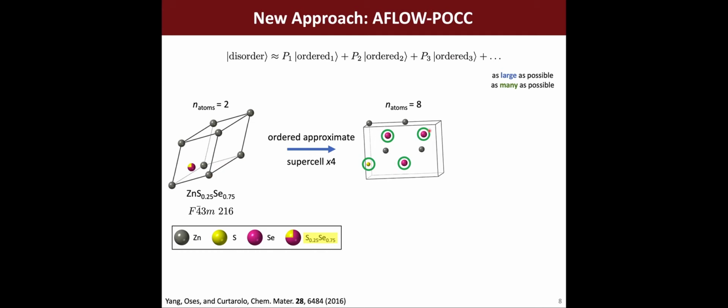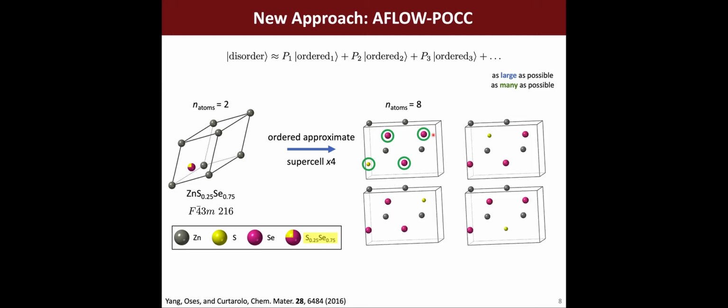And if I decorate those sites with one occupant each in the ratio that I'm looking for, I will match the stoichiometry exactly. So you see, I get one site here in the yellow, I get sulfur, and I get 3 sites selenium. So overall, the supercell satisfies the stoichiometry of the original disordered system. Now, because we have disorder, there's not just one choice that I can make in how I decorate.